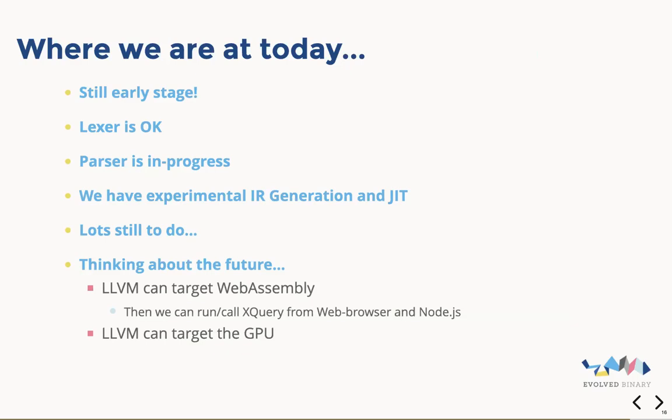Also, one of the targets for LLVM is the GPU, so the graphics processing unit, which is still somewhat untapped for databases. The only database that I'm aware of that uses it is OmniSci-MapD. And there's a very interesting article online called The Billion Taxi Rides with MapD, which is worth reading about if you want to see how they used LLVM to optimize their SQL processor to process billions of taxi rides.